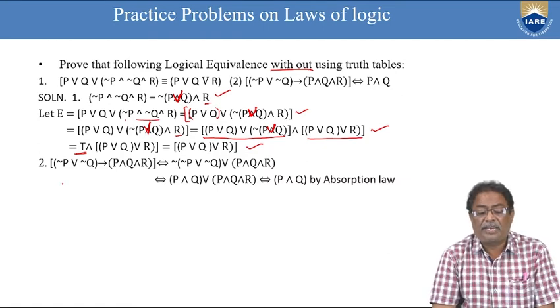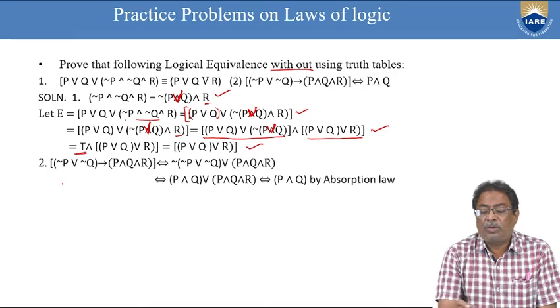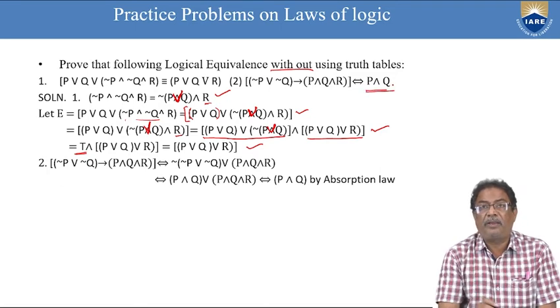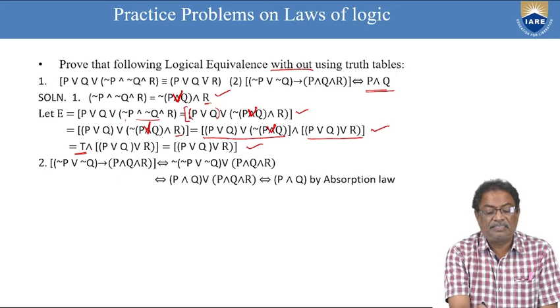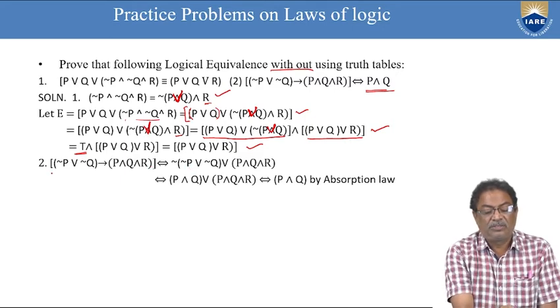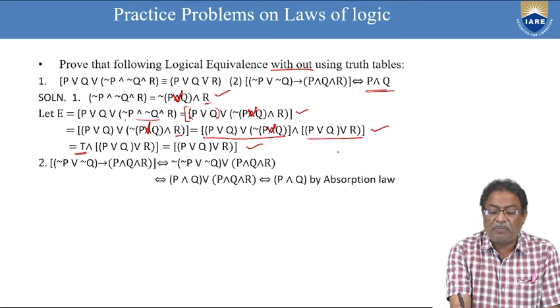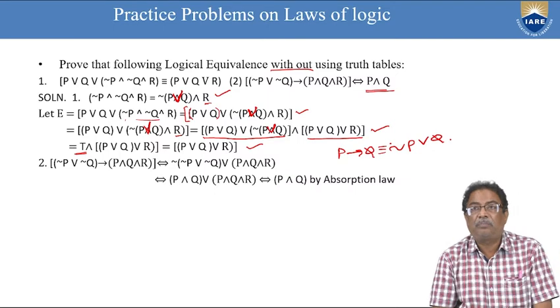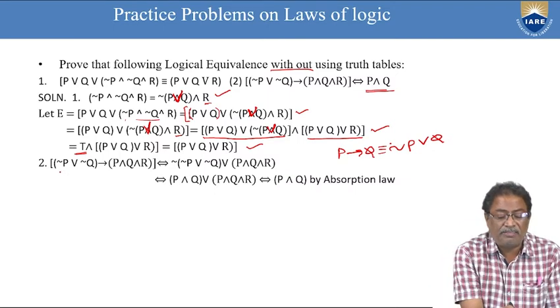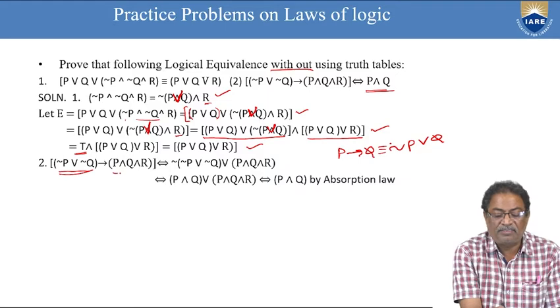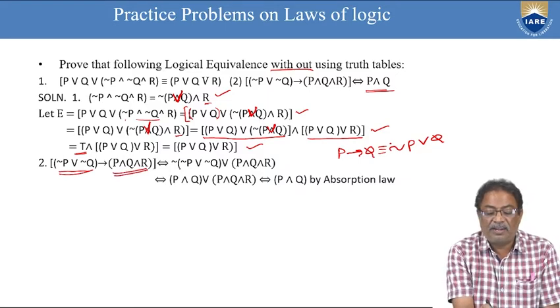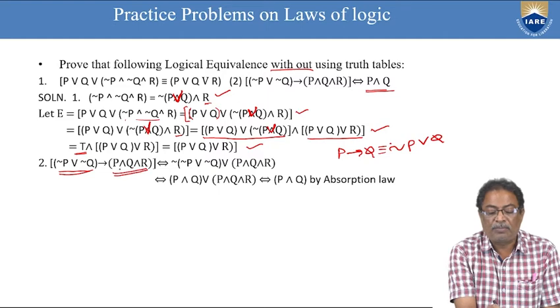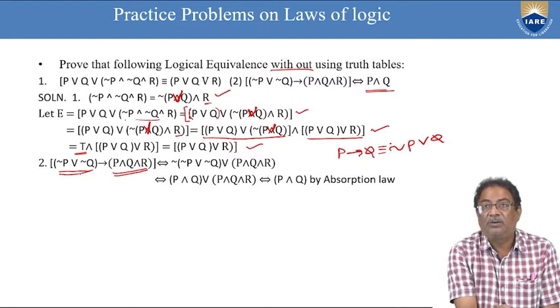Now, let us take the second problem. We are going to prove this is the reduced form P and Q. This is if P then Q, which is equivalent to negation P or Q. Here this is P and this is Q. So which is negation P or Q. In the place of P we have this.